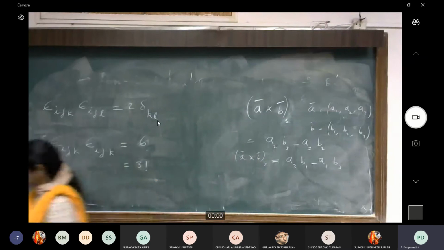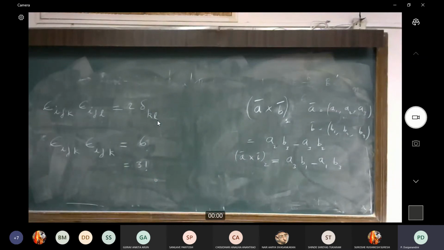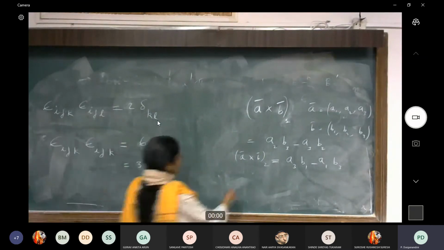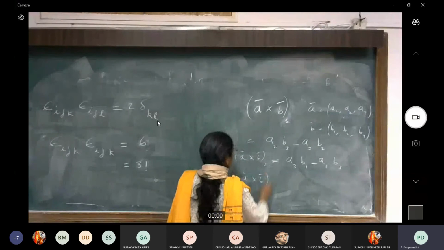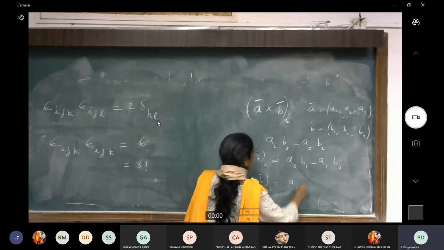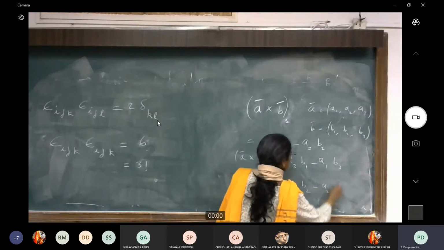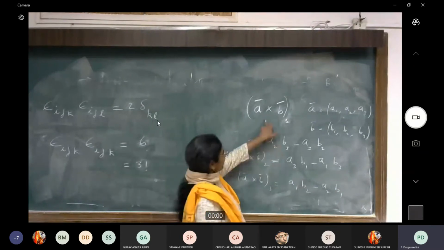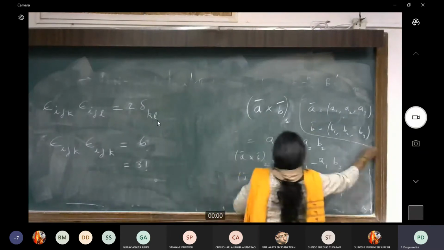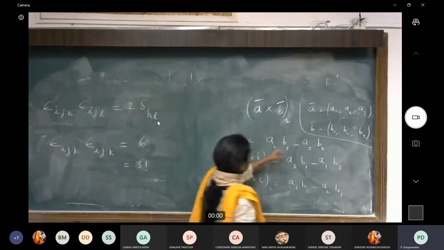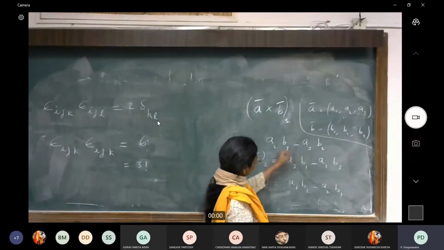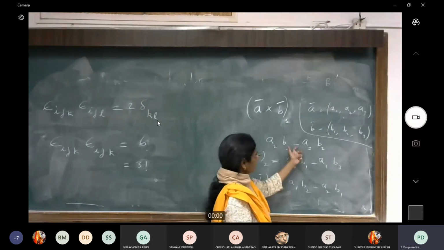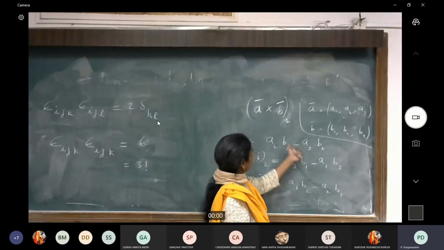Agreed? And similarly, what you will find is that the third component of A cross B will be A1 B2 minus A2 B1. So what you can see is that if I take this in this way, you have 3, 2, 1, 2, 3 here, and then I have here the same, but interchange of 2 and 3 with a minus sign here. Okay, and that gives me the first component.